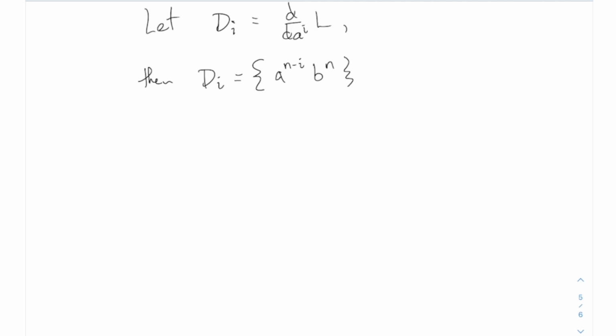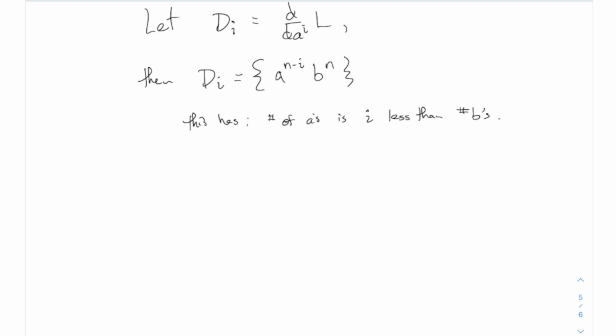So what I'm talking about here is a set of things which have a bunch of A's followed by a bunch of B's, and the number of A's is i less than the number of B's, right?